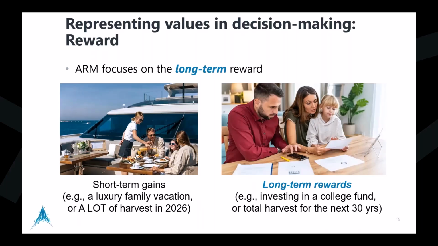So that's the short-term thinking versus the long-term thinking we're doing here. You could think of it as maybe going on a small vacation, but really putting a lot into a college fund for your child. Okay, so that's the framing and the framework we're entering here, and how we determine what's a good outcome and what's a less good outcome.